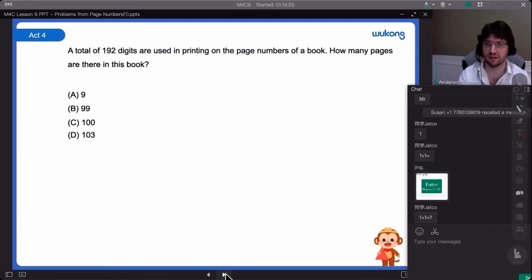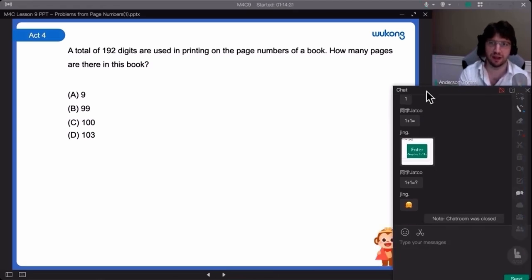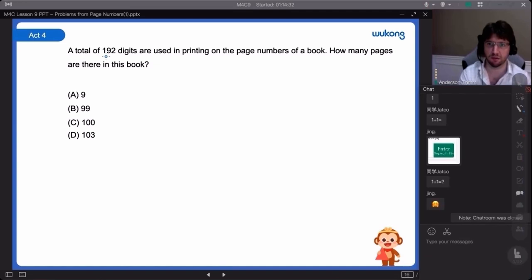I know that was a long one. So we just did 198. This next one has a book with a total of 192 digits.